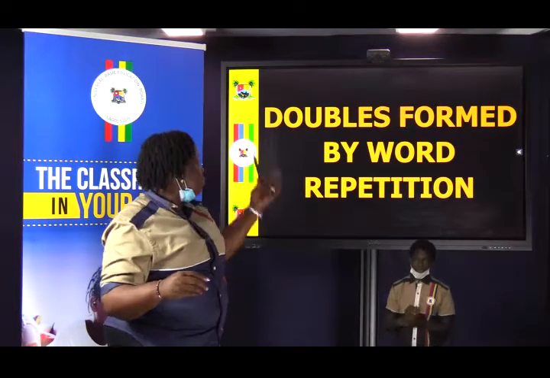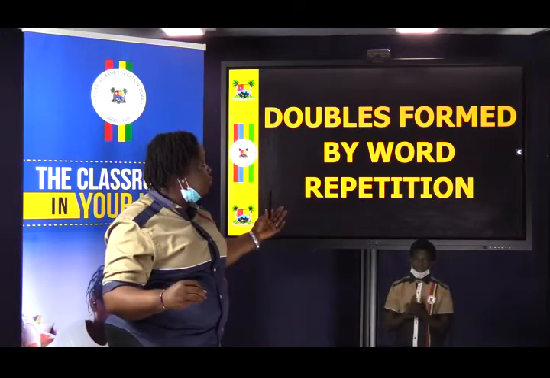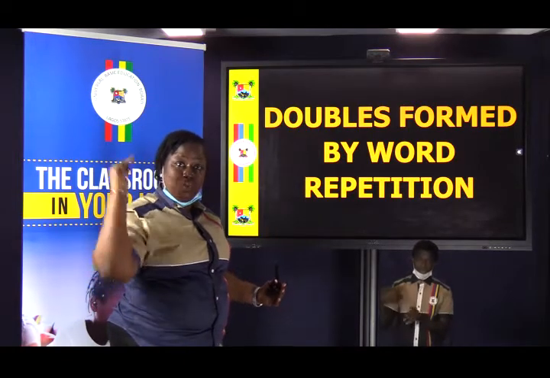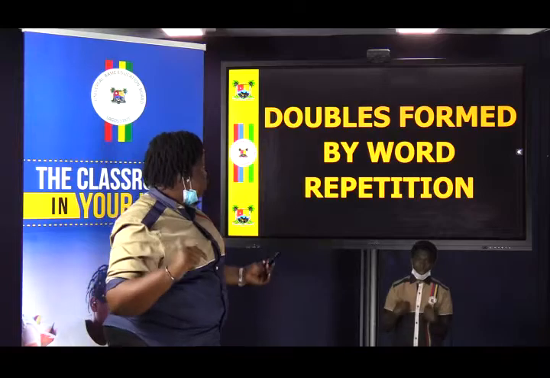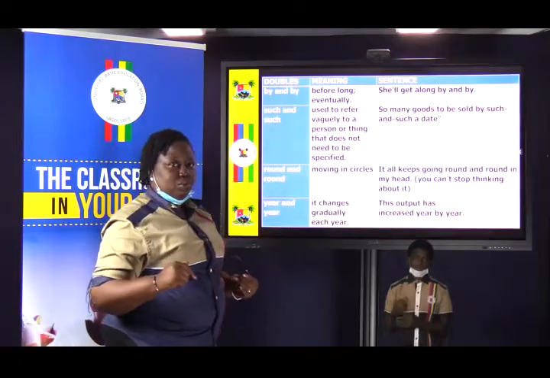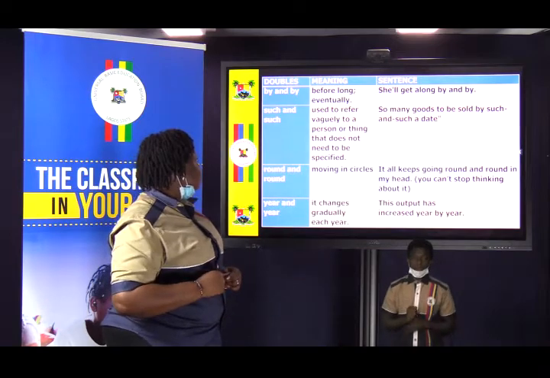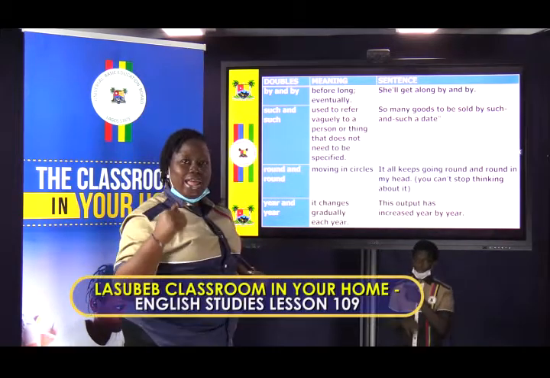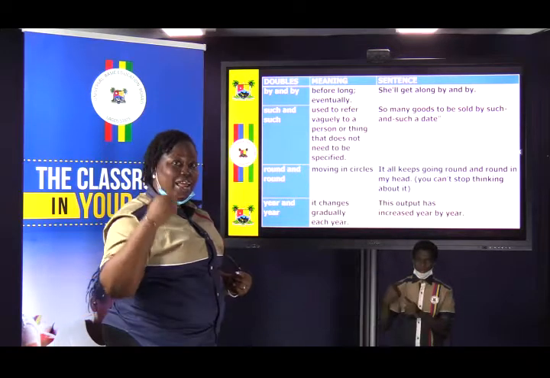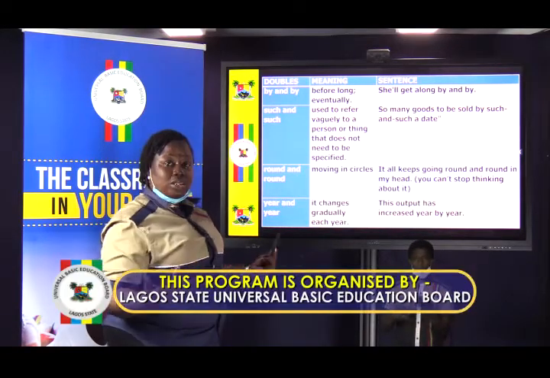We have examples of doubles formed by repeating the same word. Look at this: by and by. We are repeating the same word. What does that mean?